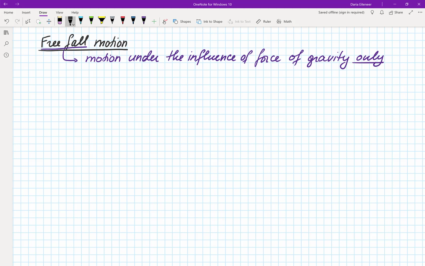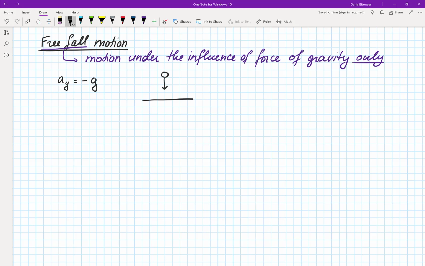Basically, what that amounts to is us saying that acceleration in the y direction is equal to what I'm going to write as negative g. Two things. First of all, y direction, because typically the way that we represent something falling to the ground is that we draw that as vertical motion.